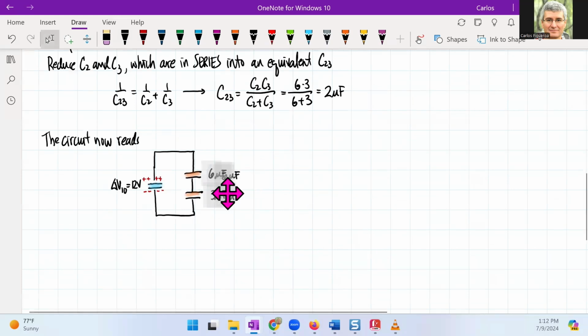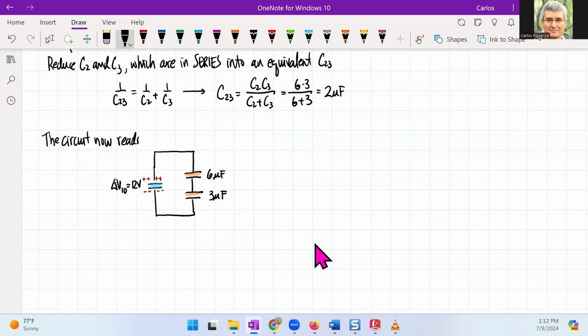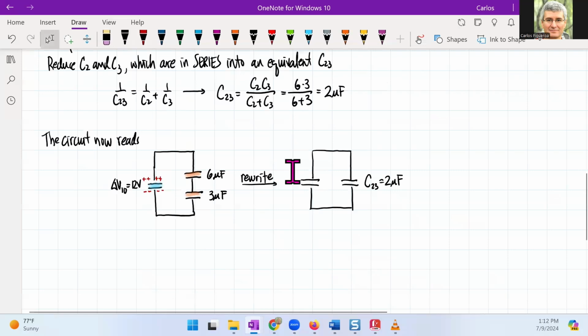So what I'm going to see is that after a rewrite, I now have a circuit that reads like this, where in this situation, this is C23, and this is 2 microfarads, and I'm going to run out of space, so let me move this over.